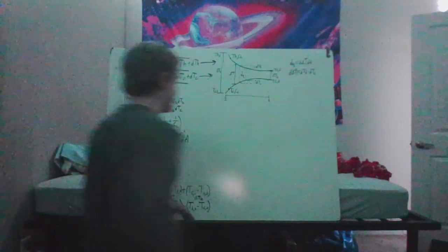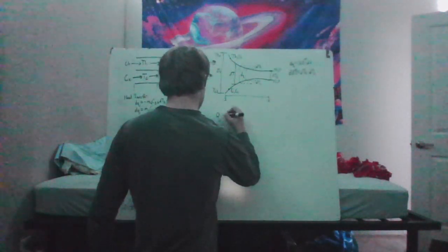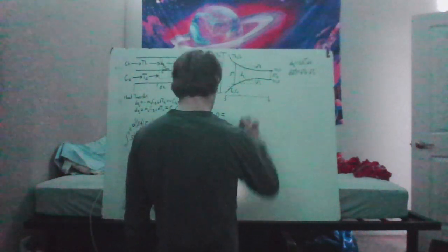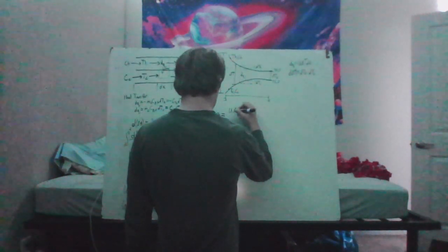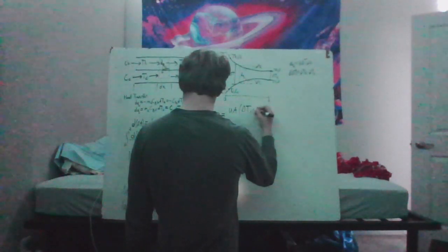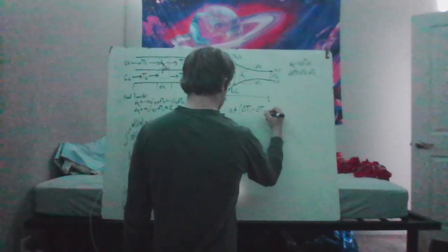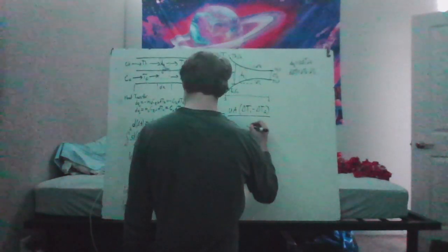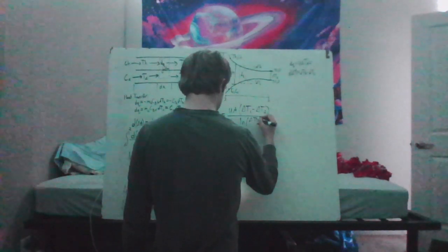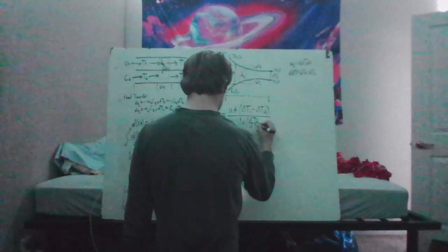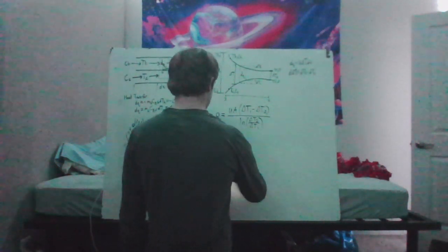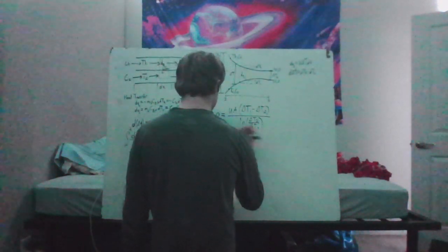And then now what we can do is get it in terms of Q. So Q will equal U A, and then our delta T1 minus delta T2 all over ln delta T2 over delta T1. And basically we can simplify this.